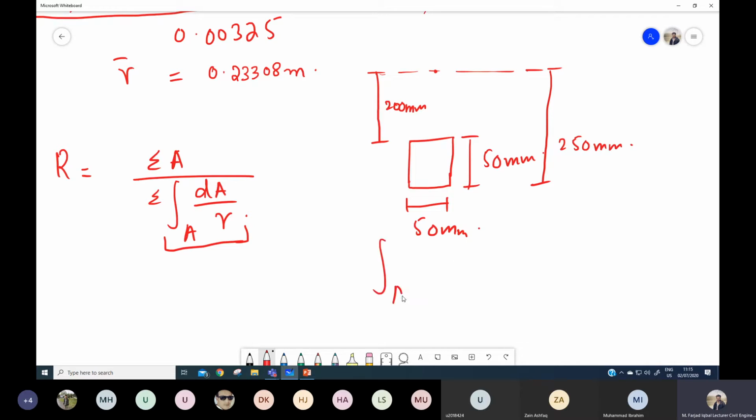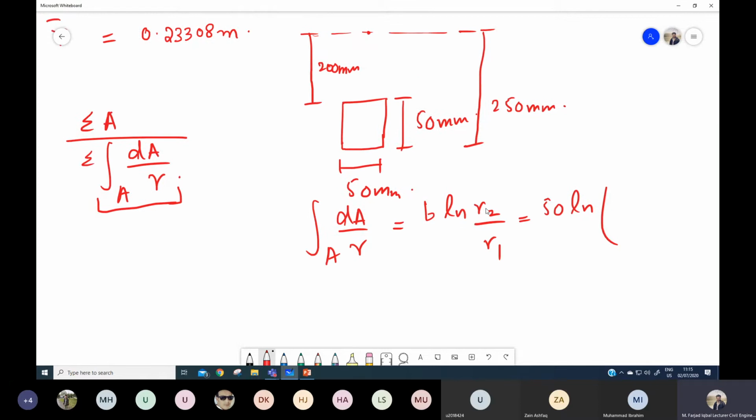So the integral of dA over R is equal to b log natural R2 over R1. The width is 50, R2 is 250, or let's substitute in meters as well: 0.050, R2 is 0.250 over R1 is 0.2.